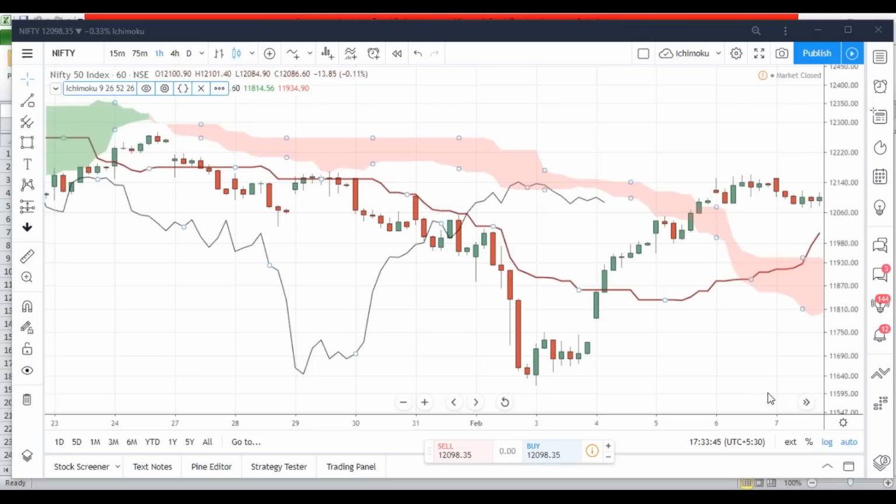Yes, there are many people who believe that Ichimoku gives a late signal, and I agree with that. Ichimoku gives a late signal in almost all cases, but it only gives a signal when the trend is mature. I have seen a lot of people who successfully buy at rock bottom, but eventually they sell their position when they see 4 or 5% appreciation.